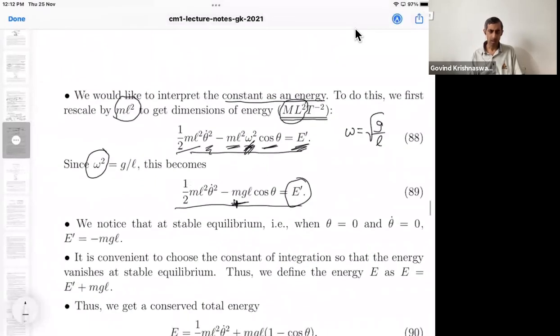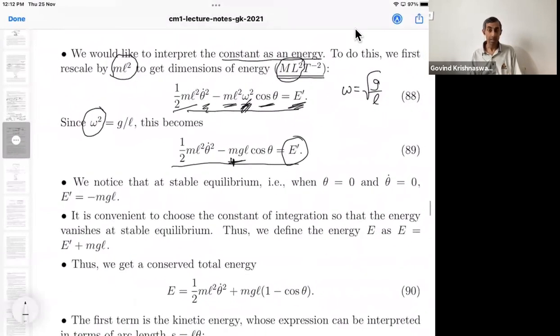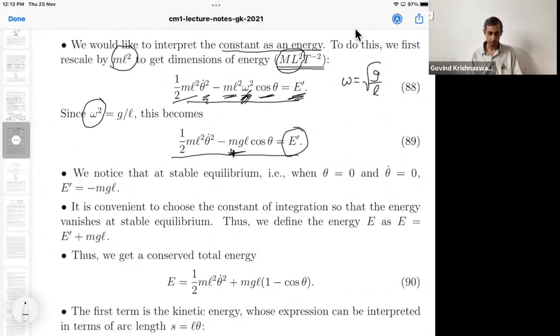So the energy does depend on the mass, which is reasonable because dimensions of energy have to come out. That still doesn't invalidate the fact that the actual dynamics doesn't depend on the mass. Time period is independent of the mass. That is still true. It is just that our convenient definition of energy does depend on the mass. We have to be willing to accept that.